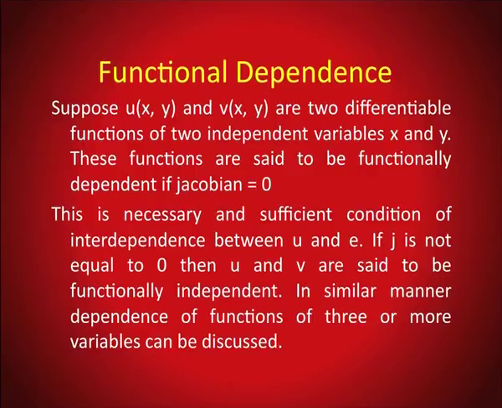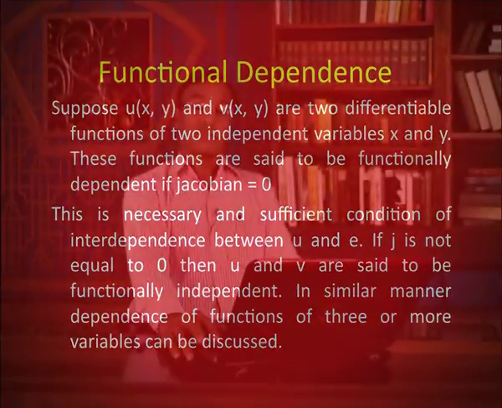This is a necessary and sufficient condition for interdependence between u and v. If J is not equal to 0, then u and v are said to be functionally independent. In a similar manner, dependence of functions of 3 or more variables can be discussed.